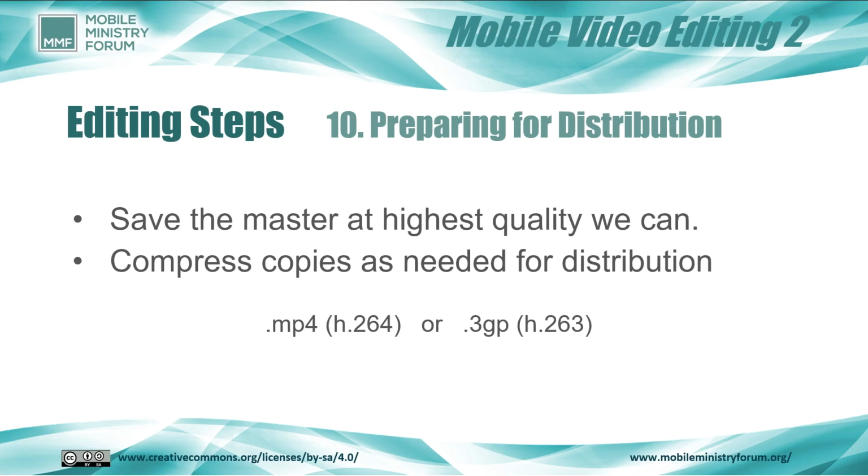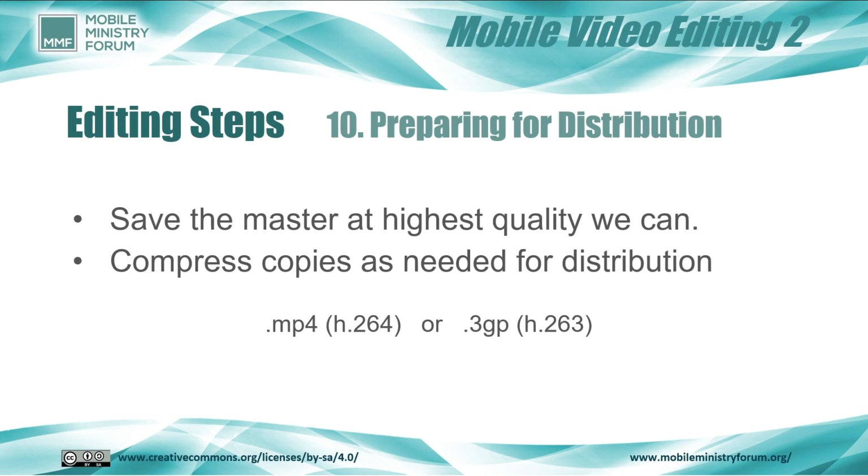There are several different types of video files, but not every phone will play every different type of file. Most smartphones today will play videos that have an MP4 file extension and were encoded with the H.264 compression standard. But older feature phones will only play a file that has a 3GP file extension and was encoded with the H.263 compression standard.